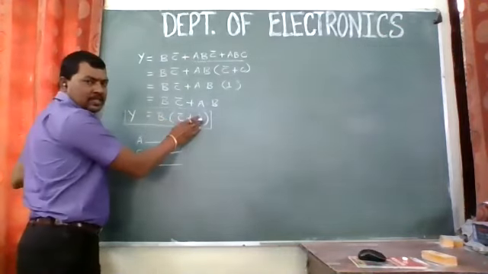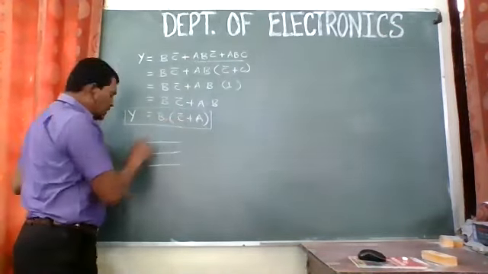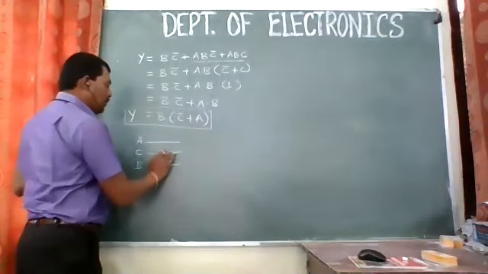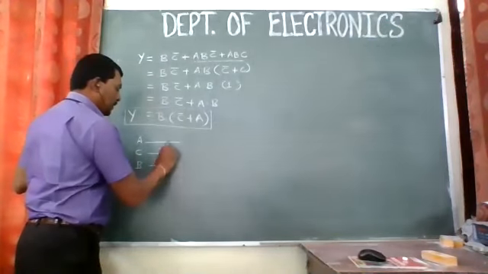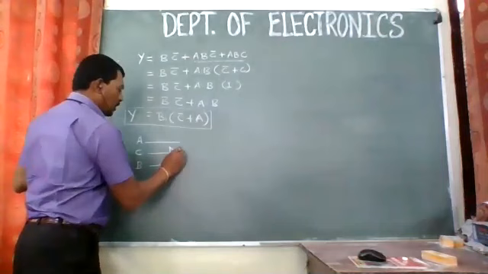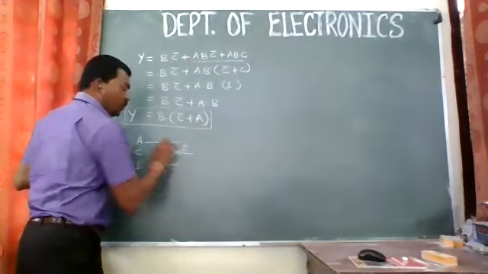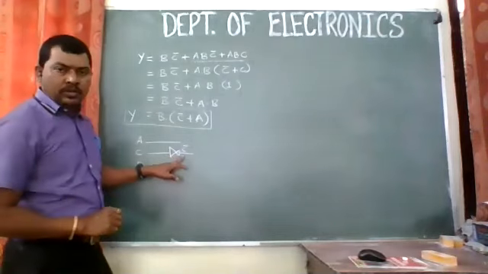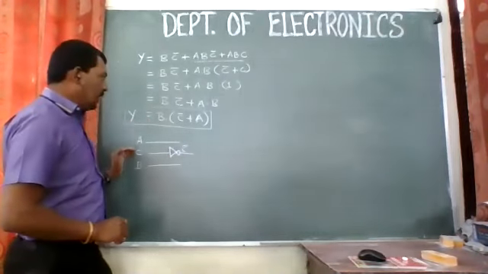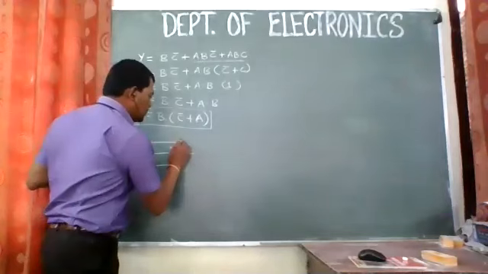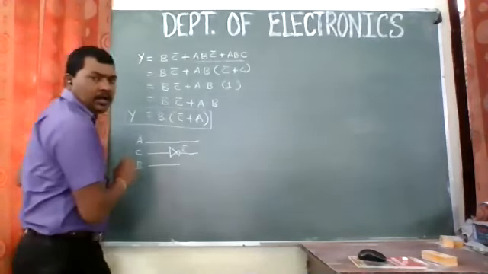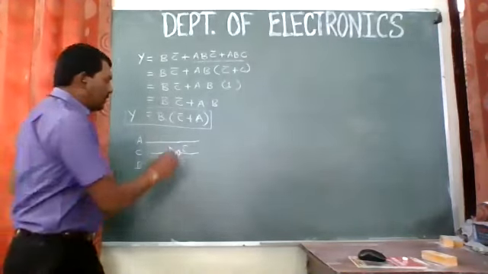So C bar plus A. Now to make C as C bar, I'll be using a NOT gate. After using a NOT gate, I'll be getting C bar right over here. That A plus C bar means this A and C bar are to be ORed, right?